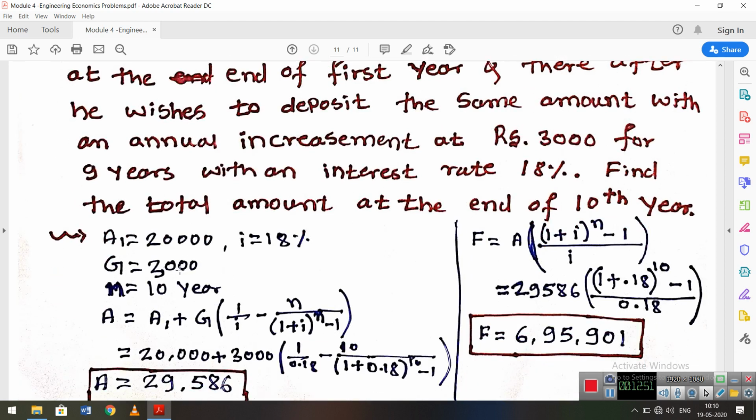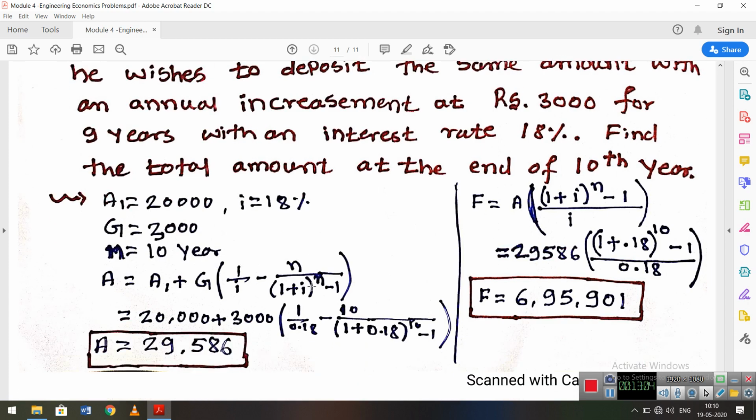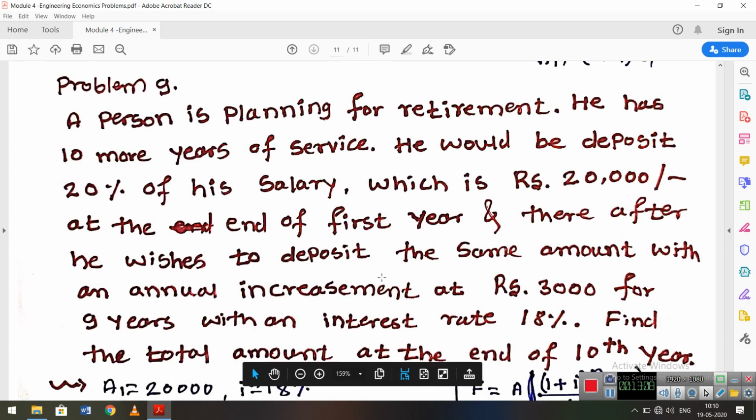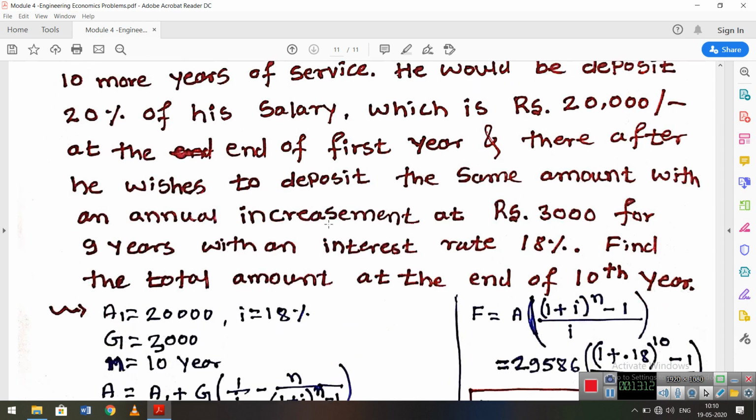The increment for the second year is 3,000, for the third year it increases to 6,000, then 9,000 and so on, and the number of years is 10. For those planning for retirement 10 years ahead, this is a very good scheme.